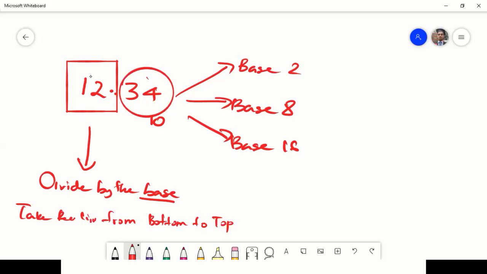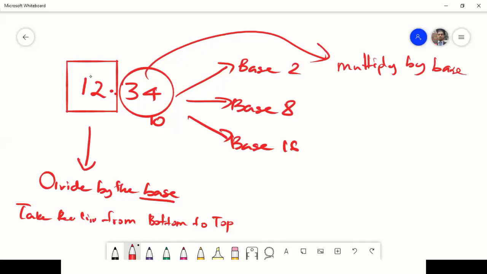For the fractional part, multiply by the base. So if you want to convert this decimal 0.34 into base 2, you have to multiply by 2. If you want to convert to octal, you have to multiply it by 8.